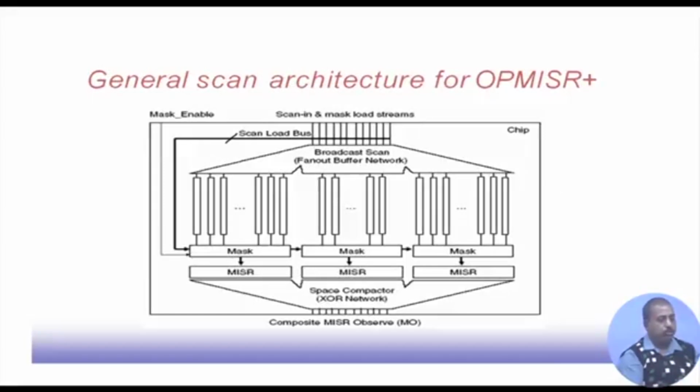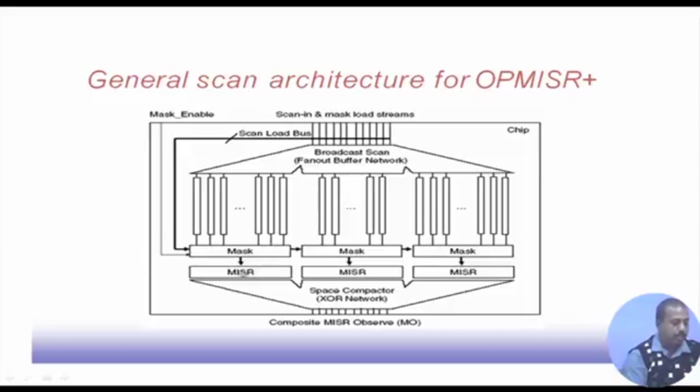Now we look into this OPMISR plus structure. Here we have this scan chain, going into the broadcast scan mode. In the broadcast scan mode, these scan chains are loaded. Now, there is a mask. Whenever the patterns are getting loaded, this mask control is also loaded. As a result, when the responses come from these scan chains, depending upon the mask bit, some of the responses will be allowed to come to this MISR, and others will not.